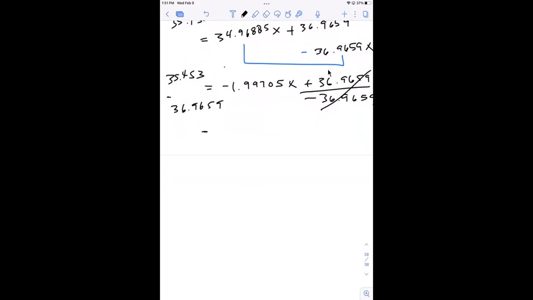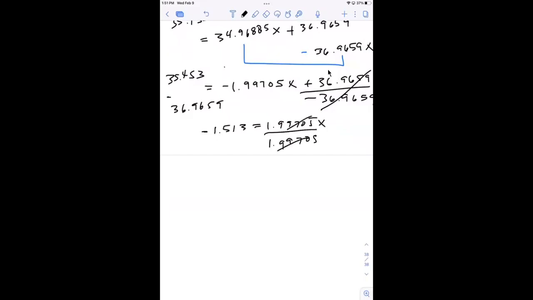Negative 1.5129. So we're going to round that up and say 1.513 equals 1.99705x, right? Now we just need to solve for x.